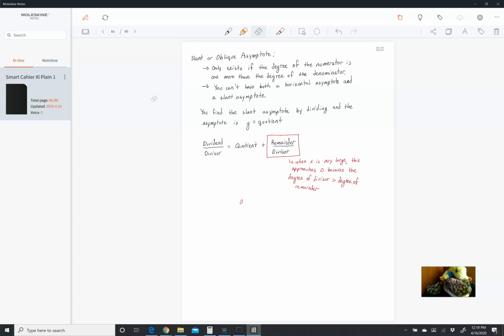Quotient plus 0 is just the quotient. So the dividend over the divisor approaches the quotient as x gets very, very large.